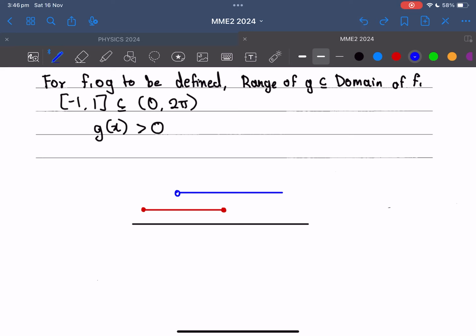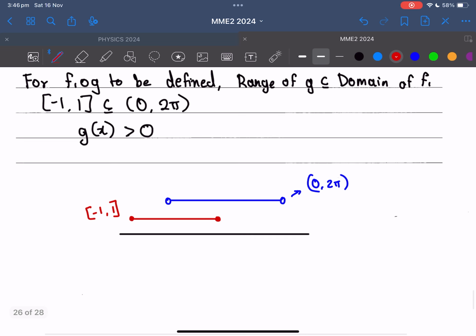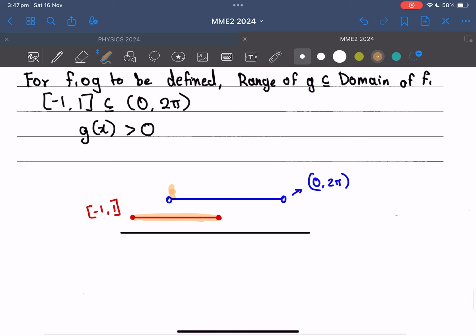So this is 0 to 2 pi, and the other one is just -1 to 1. And we want this entire range to fall under this part over here. So that's how we can tell if there are subsets or not.